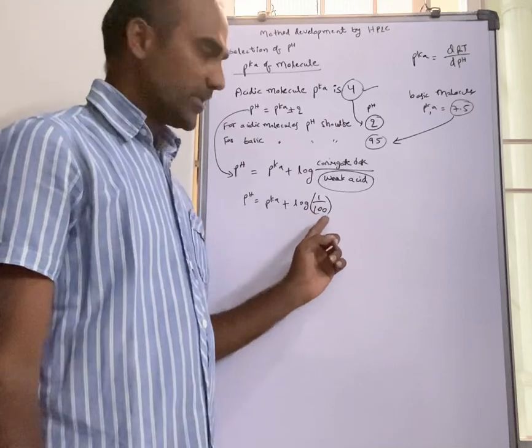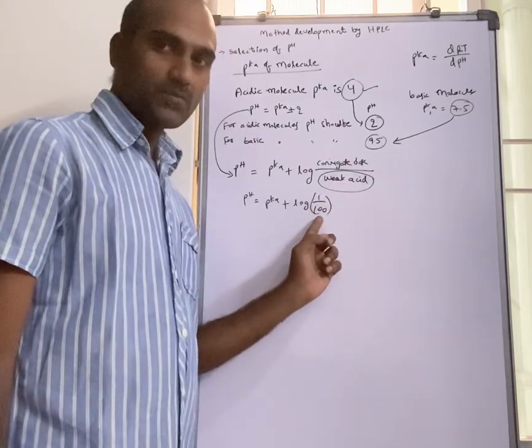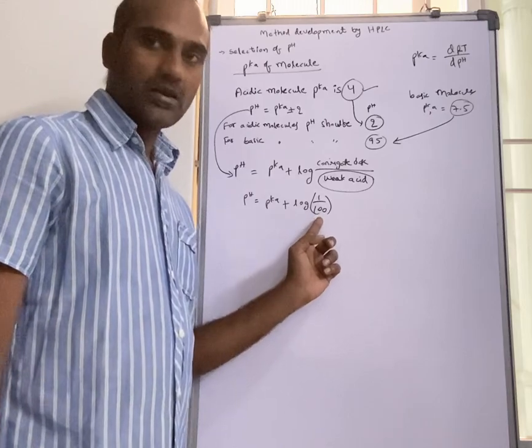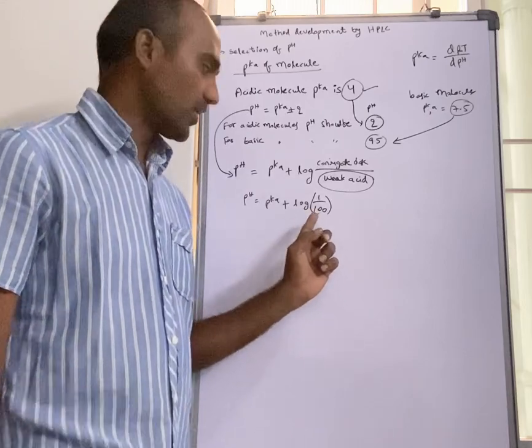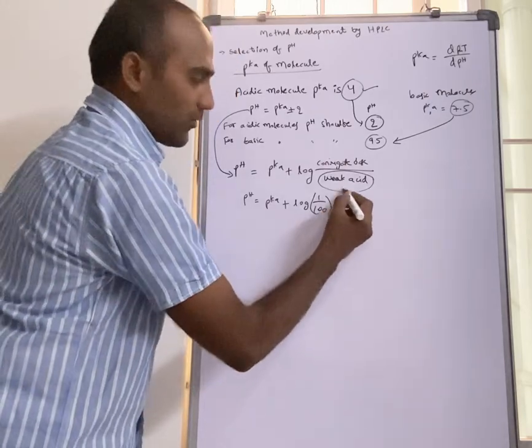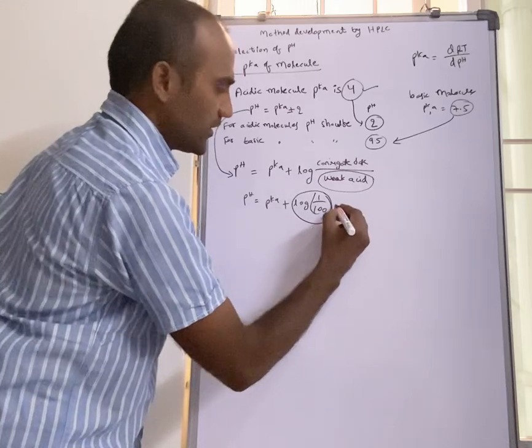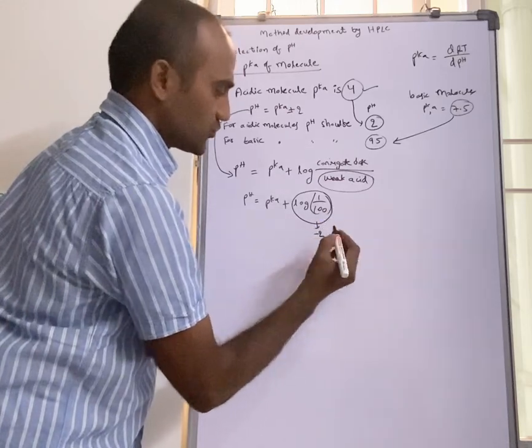Log 1 by 100 means the acid molecule is not dissociated and it is in the 100% unionized form. It means it is of a completely non-polar nature. The log 1 by 100 value is nothing but minus 2.